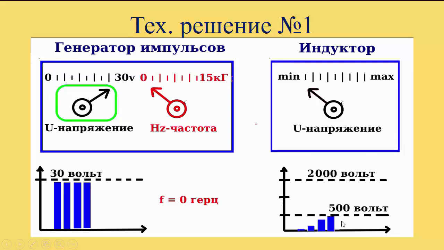And when we turn it on, we get the voltage on the electrodes of the Meyer cell that's not quite as high as for brown gas. Let's say it's 500 volts. I immediately warn you that all figures are conditional. They are designed to understand the logic of the work. When we turned on, set the voltage to 30 volts, and the rest of the regulators made the constant to a minimum, we moved to the next stage.